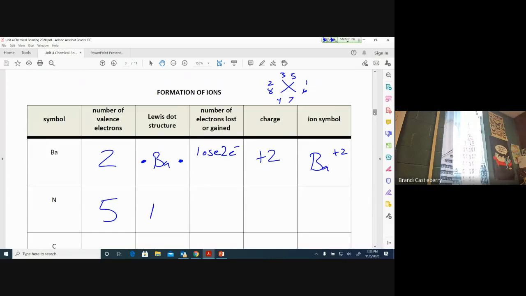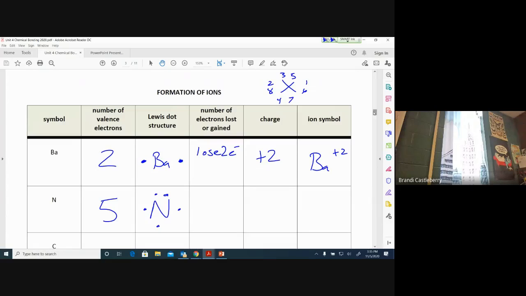So when I'm making its dot structure, it's 1, 2, 3, 4, and 5. I literally wrote it up there. Now, it has 5. So your choices are always lose all 5, or gain as many as it needs to get to 8, which is 3.